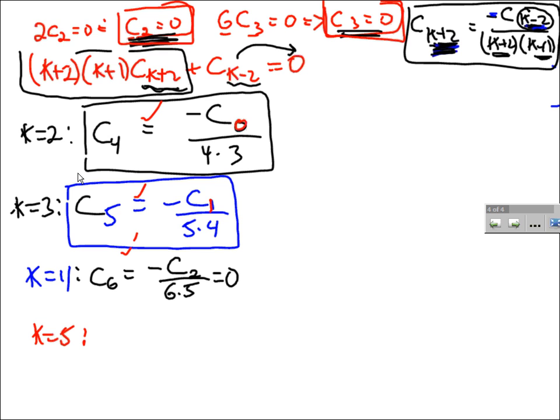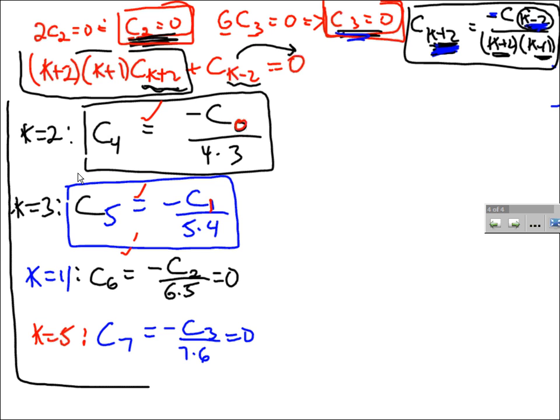If k is 5, 5 plus 2 is 7. It's negative c sub 5 minus 2, which is 3, over 5 plus 2 times 5 plus 1. But c sub 3 is 0. So that's 0. And what's going to happen is this is going to kind of repeat.